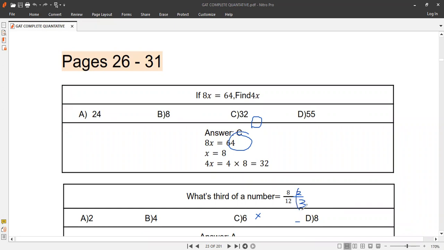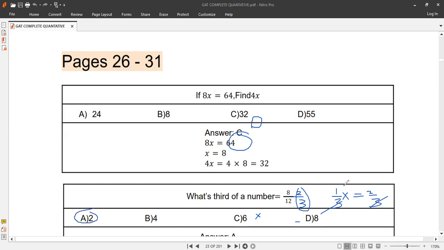So a third of a number means multiply 1 over 3 by x, which equals 2 over 3. You can directly cancel the 3, so x equals 2. No need for calculation.